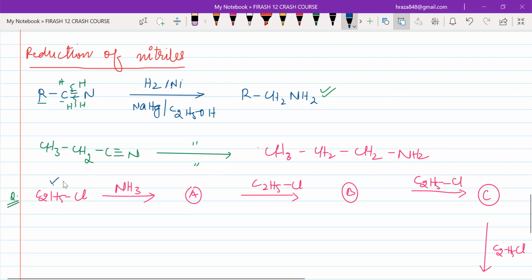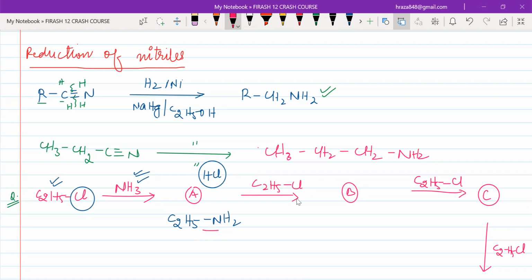What about this? This is alkyl halide, this is amine. So what you need to do, just remove this chlorine and remove hydrogen, and you will be writing it C2H5NH2, right? The byproduct will be HCl. Are you getting my point? Now again, C2H5Cl and this amine, this Cl will be removed with one of the hydrogens. So you will be getting C2H5 and then NH and then C2H5.